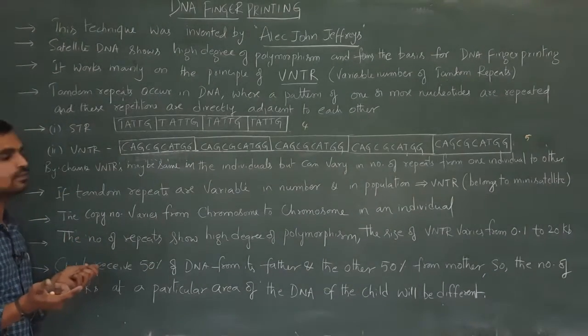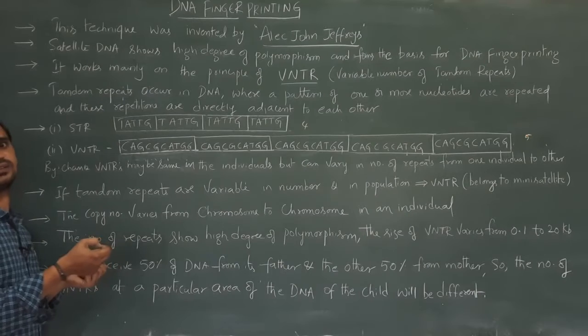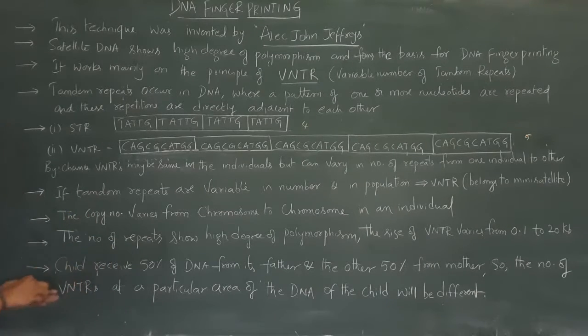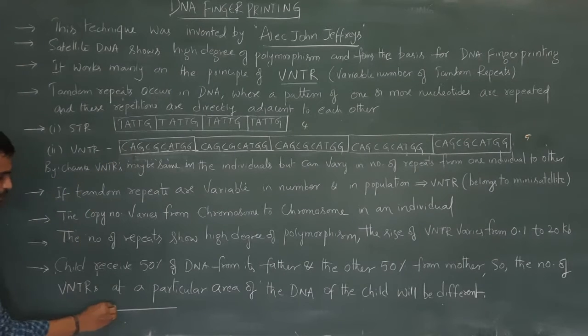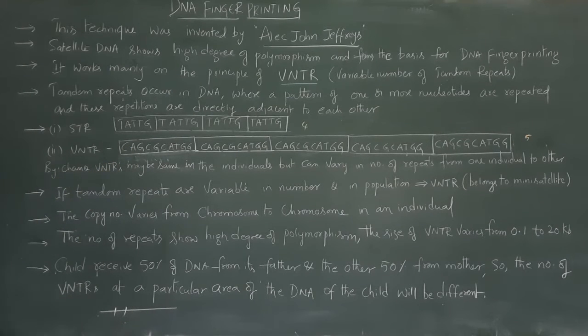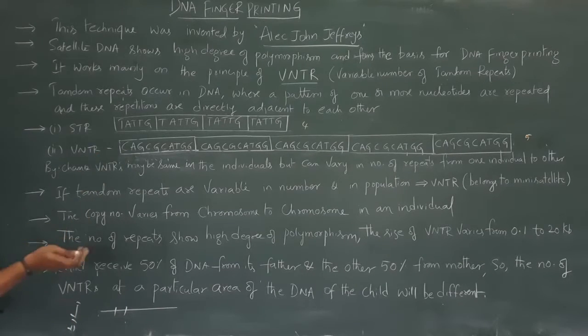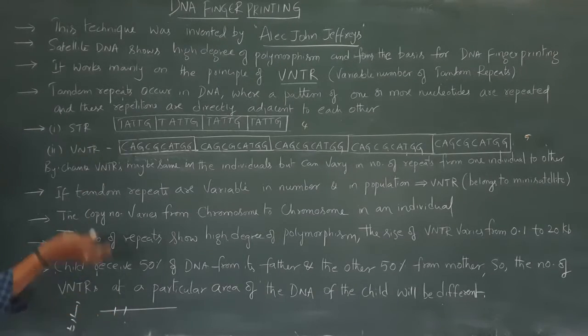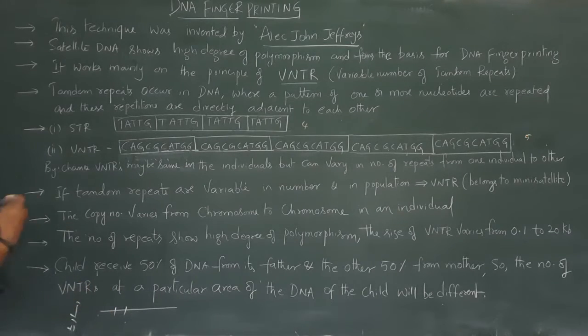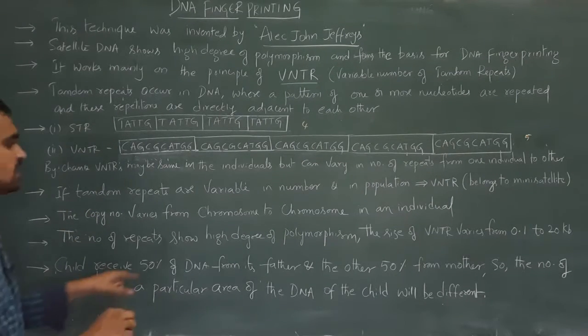For example, if this is the chromosome, this particular VNTR is present at this position in one person. In the second person, maybe you can find the same repeat, but not in the same chromosome at the same position. It may vary. So definitely the number of repeats shows a high degree of polymorphism, that is variations. That is the meaning of this sentence.